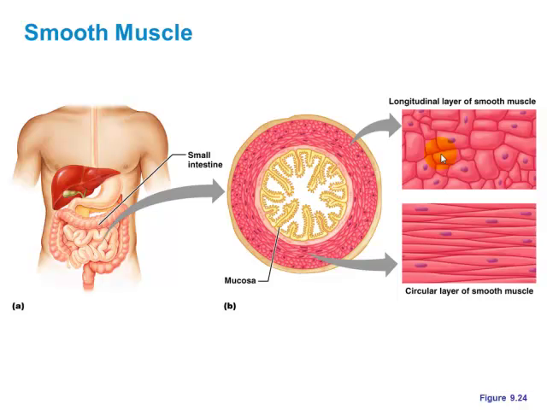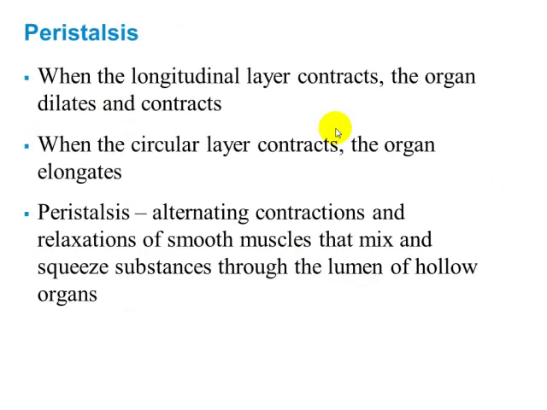The key thing when you are looking, and when we look at this in lab, you will see that the key thing is that you see two layers here. That's your hint that you're looking at smooth muscle. You don't see that same kind of layering when you have skeletal muscle. Right? The other thing is it's smooth. You don't see any striations. Right.